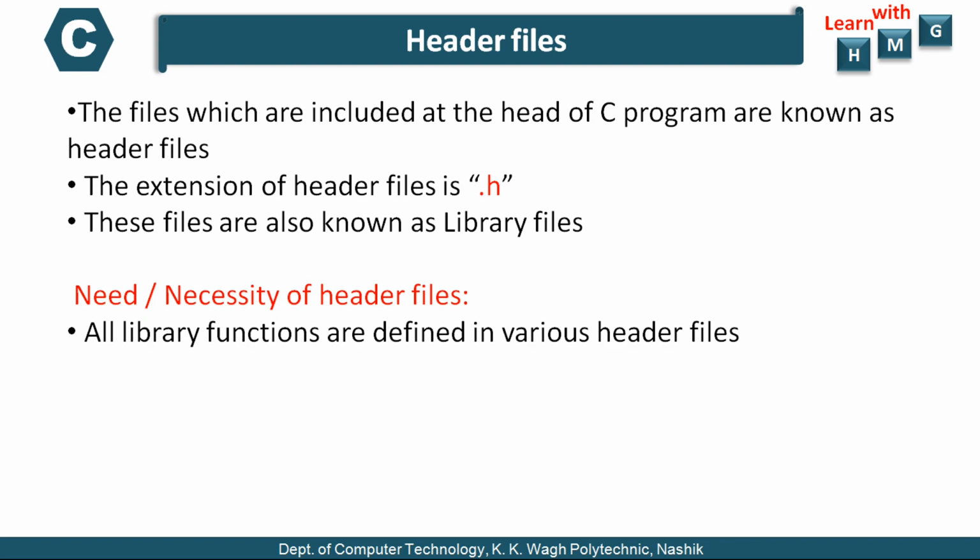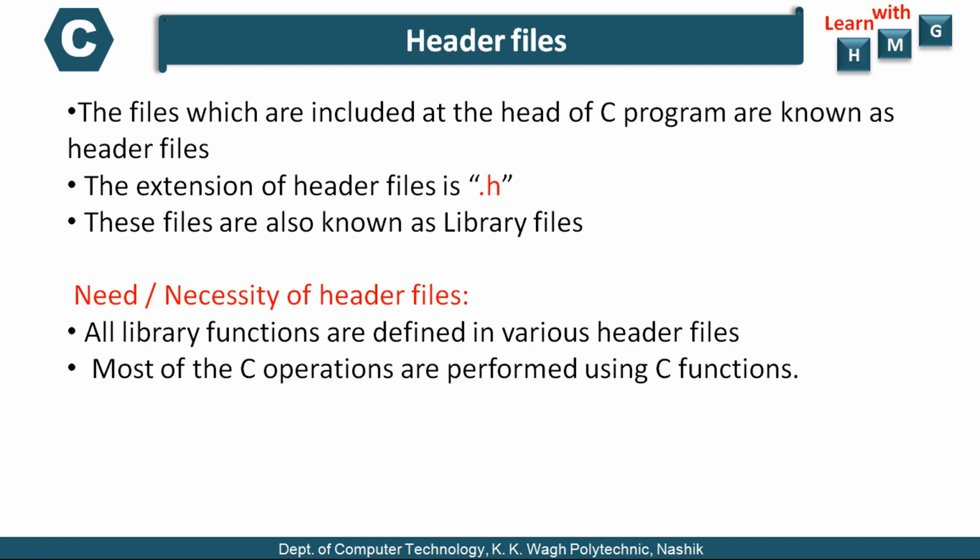For example, all mathematical functions are defined in one mathematical header file, all character type functions are defined in one character type header file, and input output functions are defined in one standard input output file, and so on. Most of the C operations are performed using C functions.